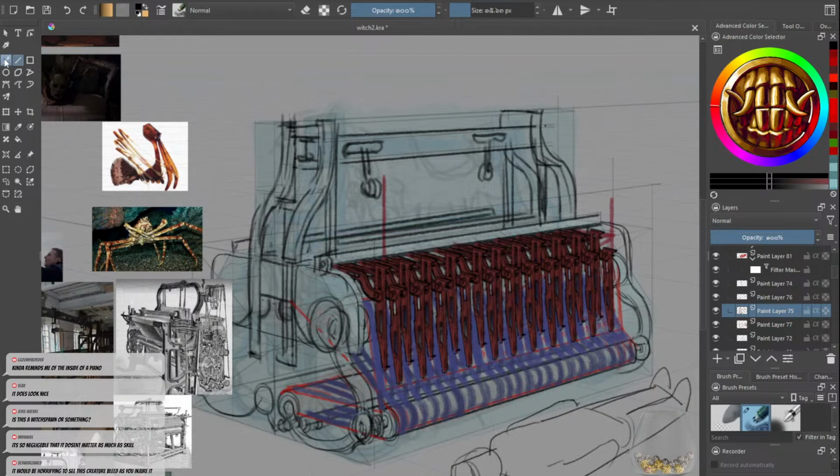Most of this is going to get covered up by the creature itself. Actually, I don't even know. But these are the guiding, held-up pulleys.